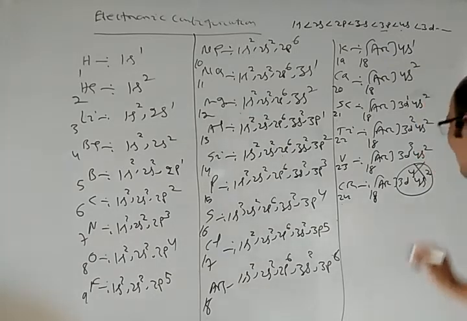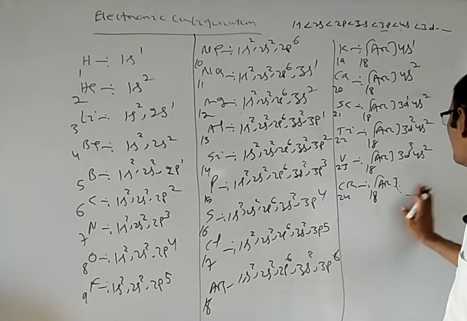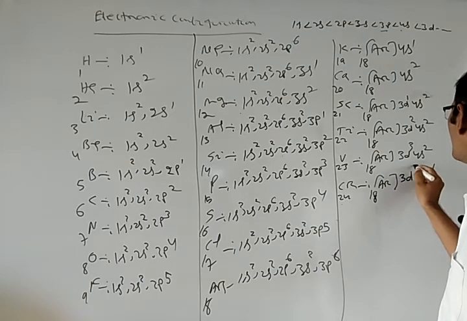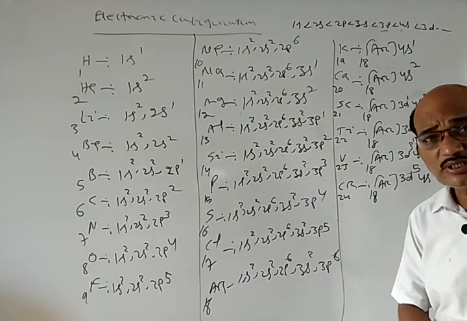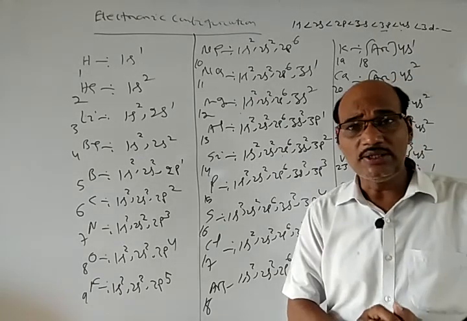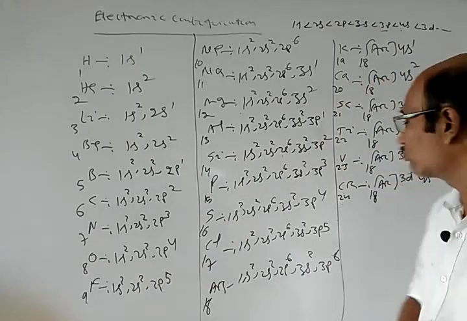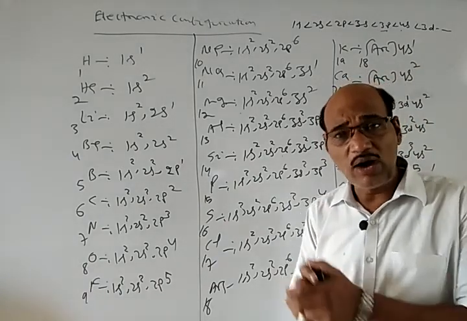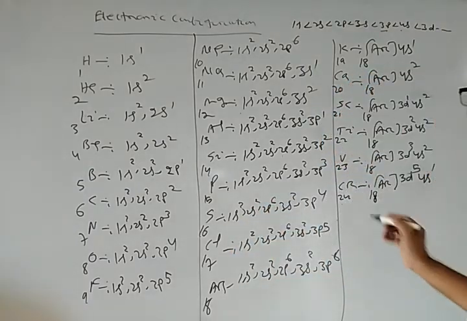The actual configuration will be 4s1, then 3d5. So chromium: argon 18, 4s1 3d5 is the electronic configuration of chromium. Instead of 4s2 3d4, it becomes 4s1 3d5. Why is it so? We will discuss later on.